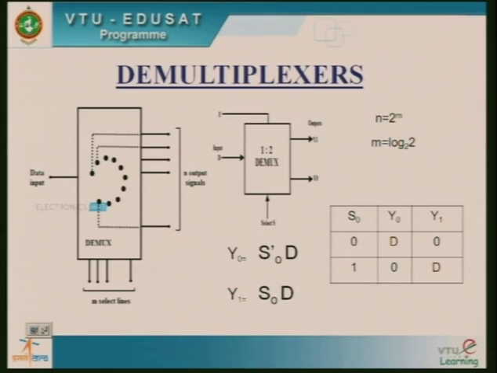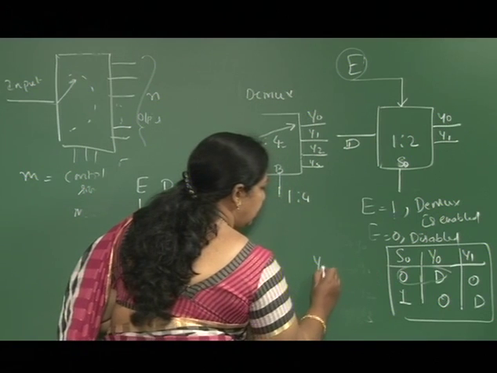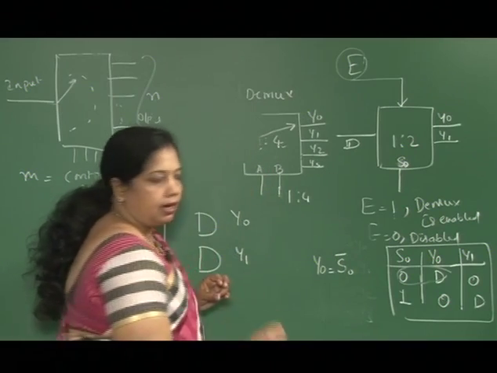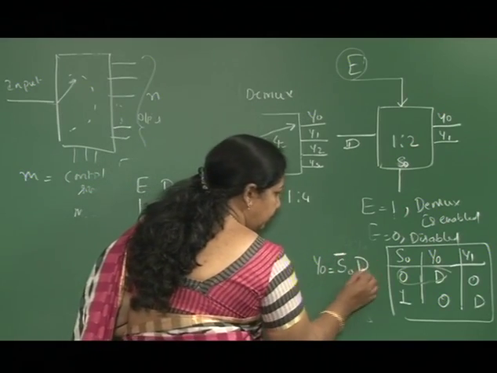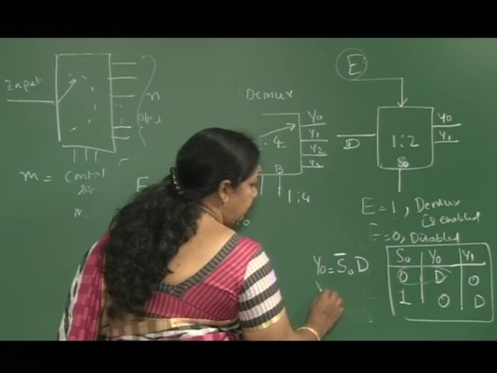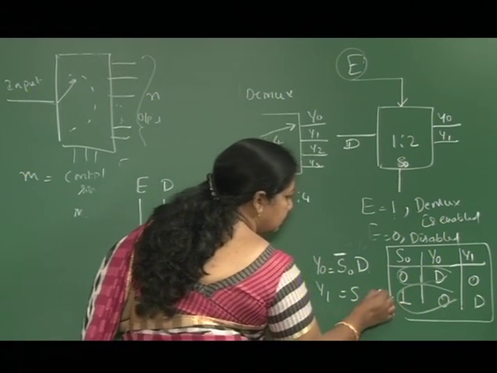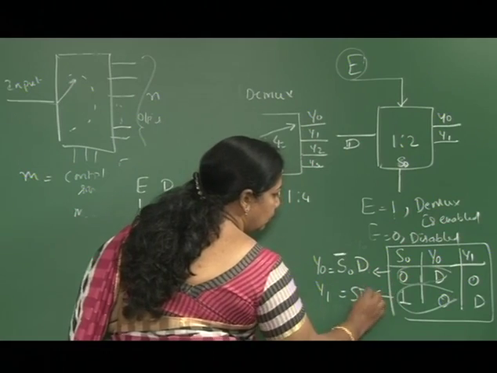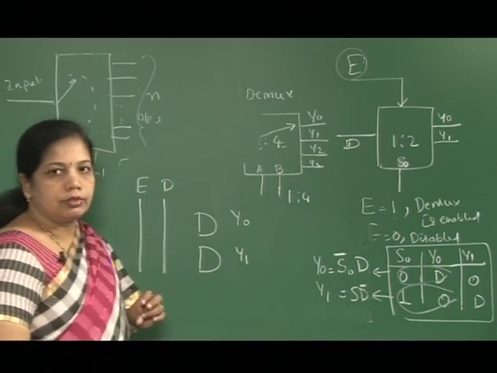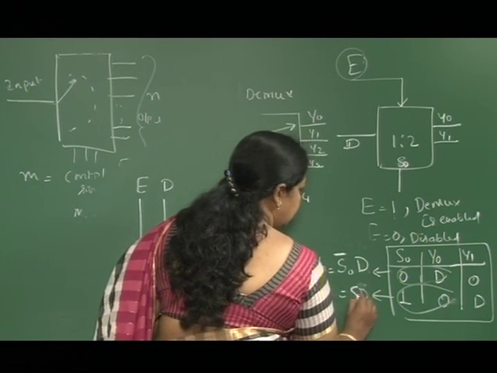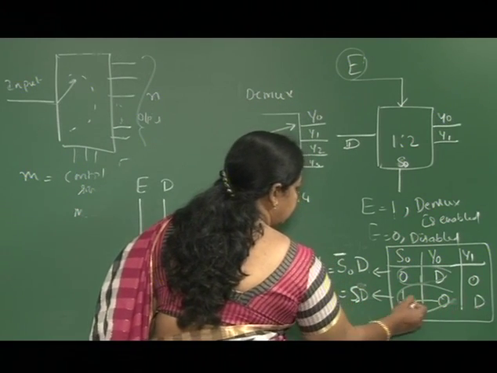So what is the equation for Y0? Y0 can be written as S0 complement into D, and Y1 is written as S and D.